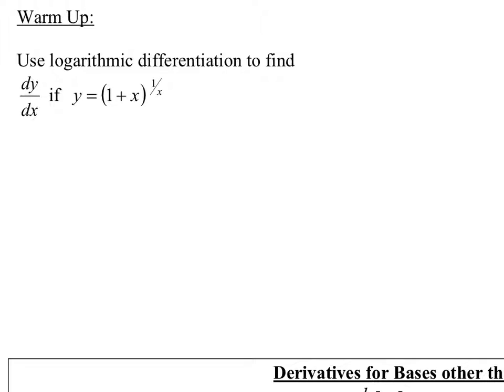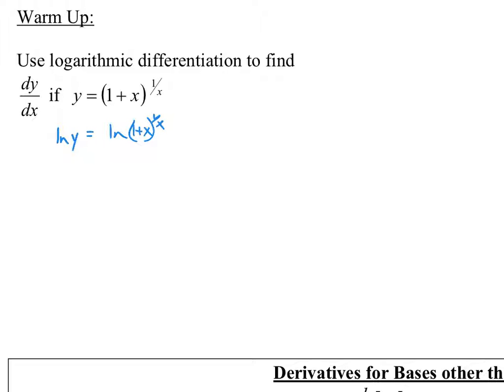So what do they mean when they say use logarithmic differentiation? Log of both sides. Yeah, take the log of both sides first, and then that'll help us a little bit, okay? So I'm gonna do ln of y equals ln of (1 plus x) to the 1 over x power.